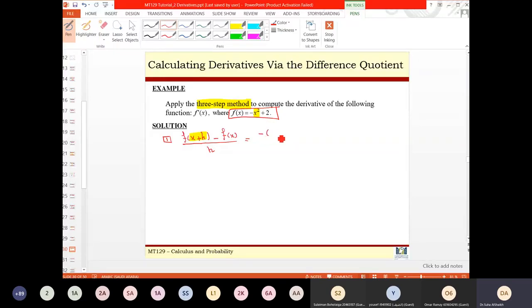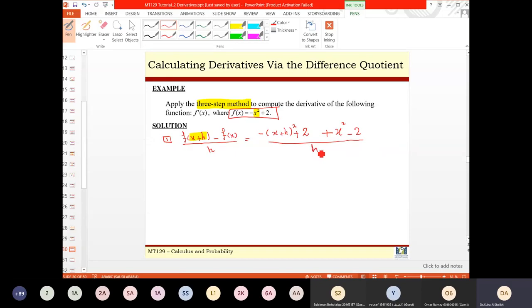This means minus x plus h squared plus 2. I go to the function, remove the x, and put x plus h in its place. Minus f of x, meaning minus this function itself. So this will be plus x squared minus 2. Everything divided by h.